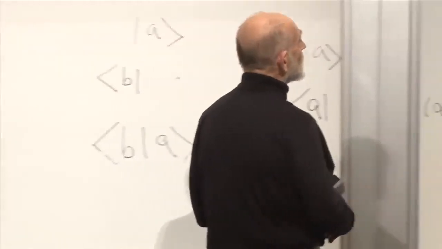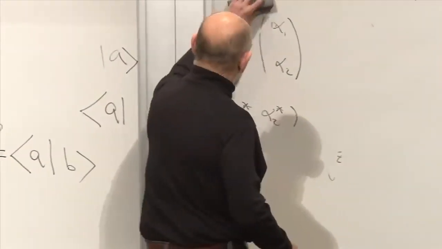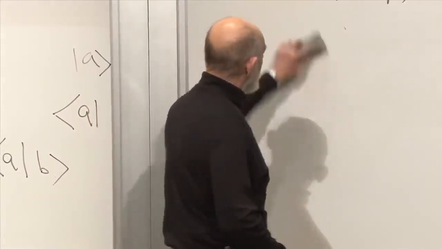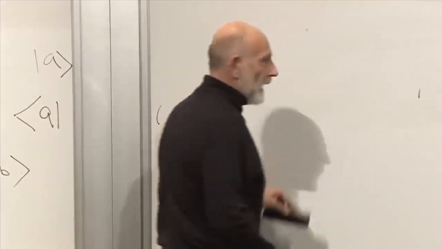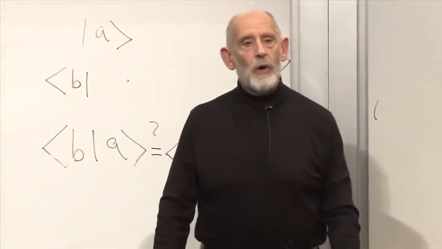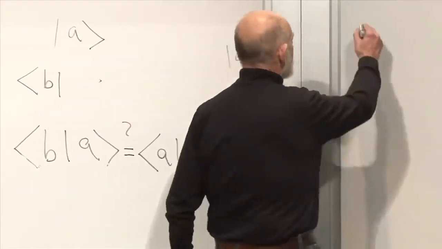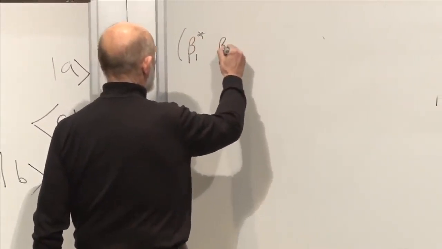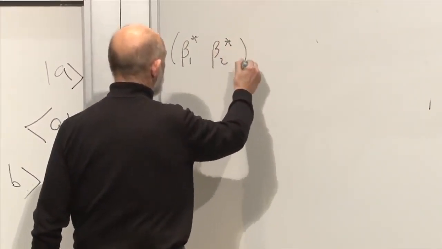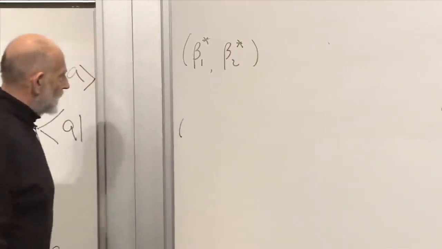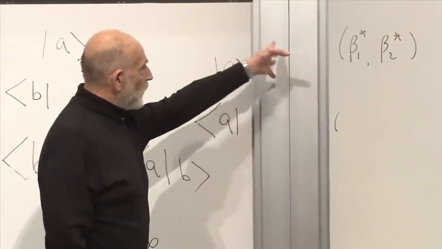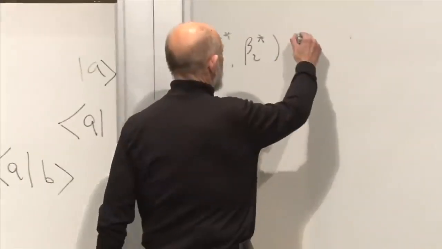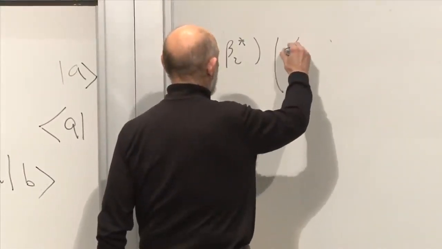And okay, let's check now. Let's see if we can postulate a construction for the inner product of the dual vector beta, remember, when you complex conjugate, times the original vector alpha.